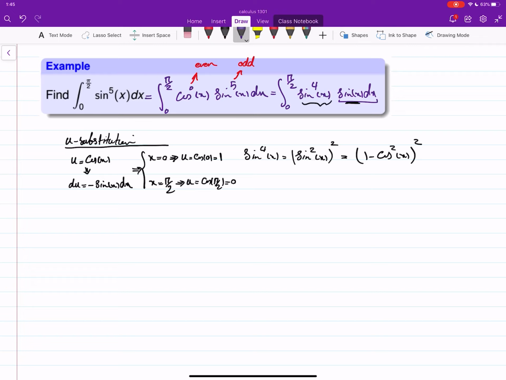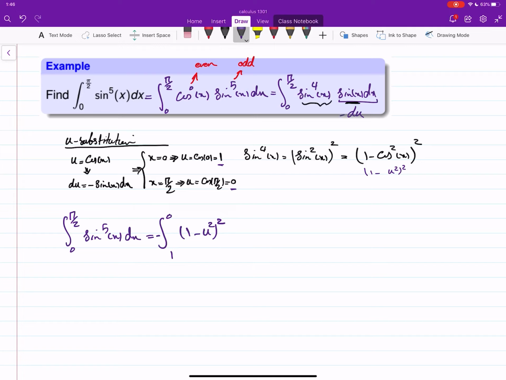So let me complete my substitution here. Sine to the power 5x dx: here I have lower limit turns to 1, upper limit turns to 0. And this guy here is 1 minus u squared to the power 2. So I have 1 minus u squared for sine to the power 4. And that part here, sine x dx, is minus du.